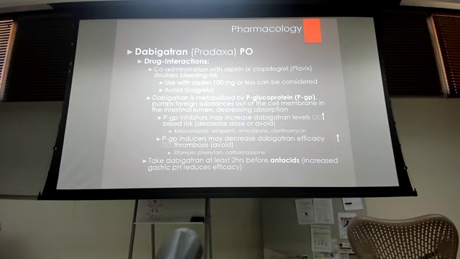The interactions for dabigatran are primarily with P-glycoprotein, which is PGP transport, and that comes with a risk of drug interactions, right? Verapamil, amiodarone, ketoconazole, clarithromycin.